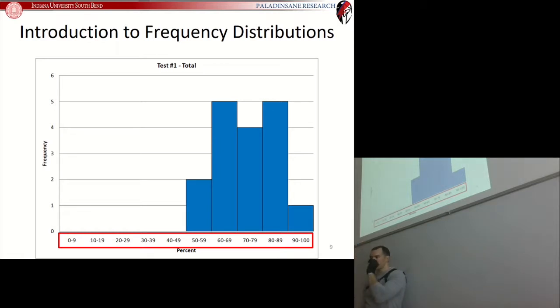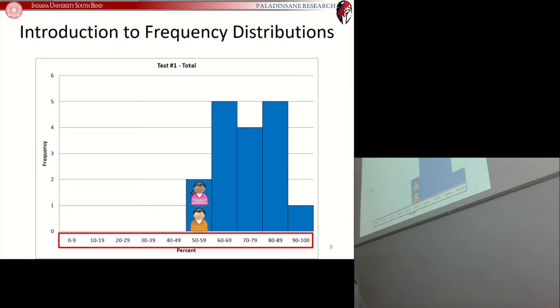So when you take a look at a frequency distribution like this, one of the ways to conceptualize the bars is to think of them as apartment buildings, where one person lives on every single floor. So here we got an apartment building with 2 people living in it. 2 people scored a 50 to a 59.